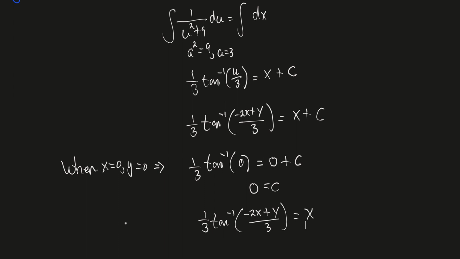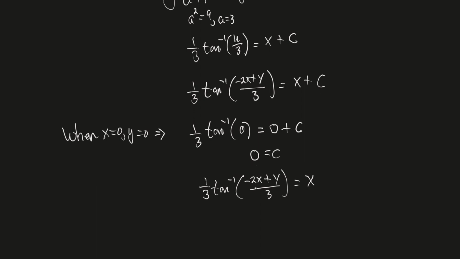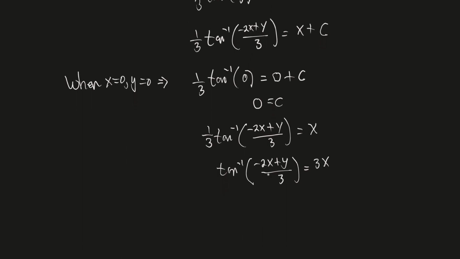So let's carefully go through trying to solve for y. Multiply both sides by 3. That gives us arctangent of the quantity (negative 2x plus y) over 3 equal to 3x. Then take the tangent of both sides to get rid of arctangent. We're left with the quantity in the parentheses, so (negative 2x plus y) over 3 is the tangent of 3x.